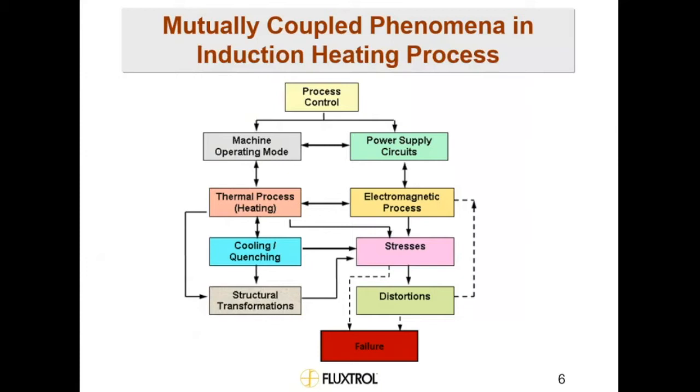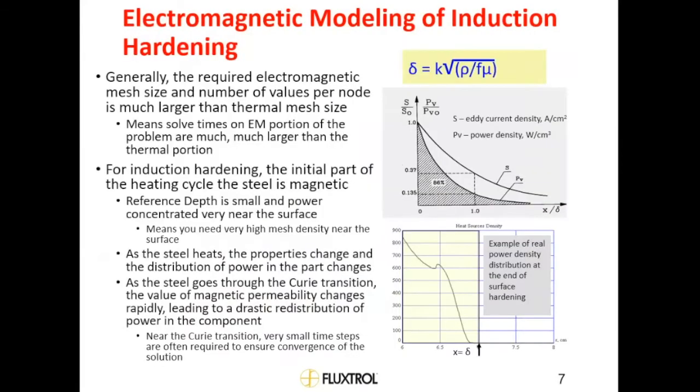There's a lot going on there, from how the process is controlled, through how the part is heated or influenced by magnetic fields, to how the part moves, the stresses that occur, and the structural transformations that occur. In addition, as you saw before, oftentimes there is quenching or cooling involved too. All of those work together to get your component properties that exit the heat treatment cell.